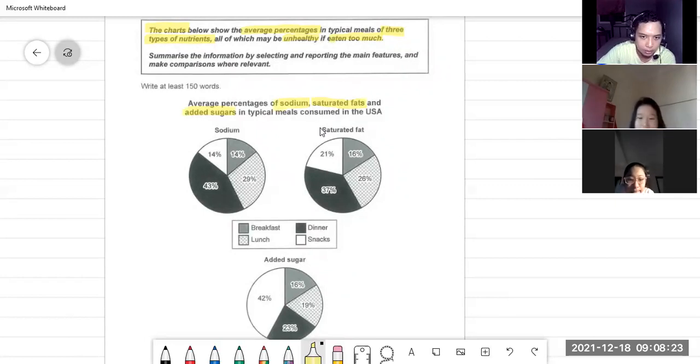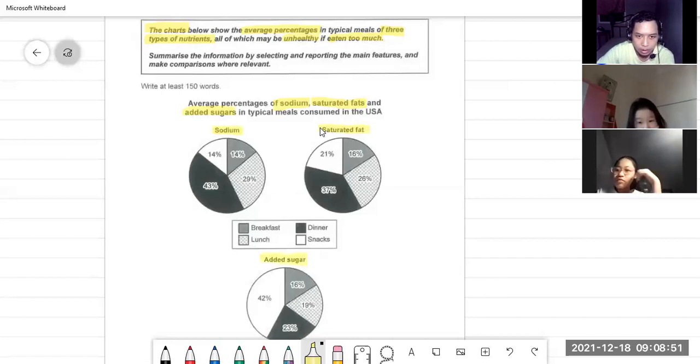Sodium. Okay, saturated fat. Saturated fat. And added sugars. Added sugars. Okay, so below is the average percentage of sodium. So this one is sodium, and then saturated fat, this one, and added sugar, this one.